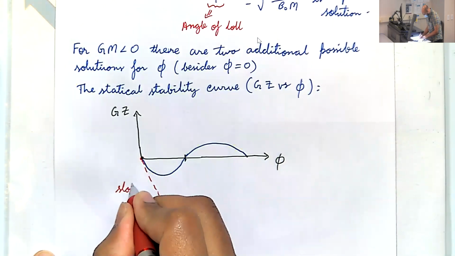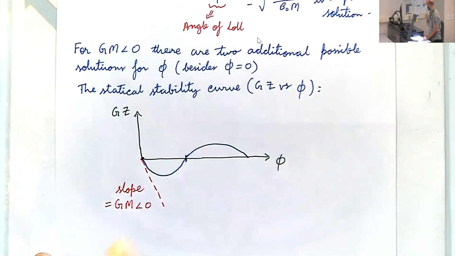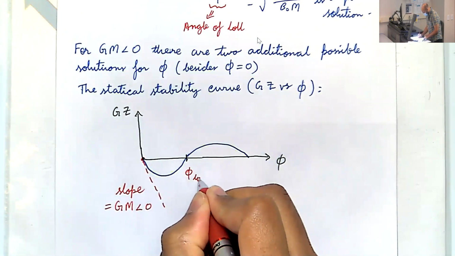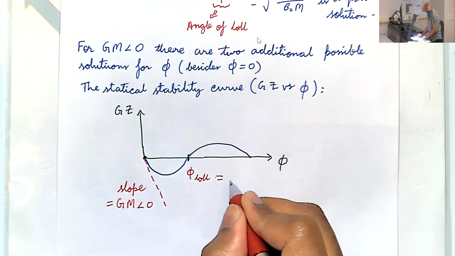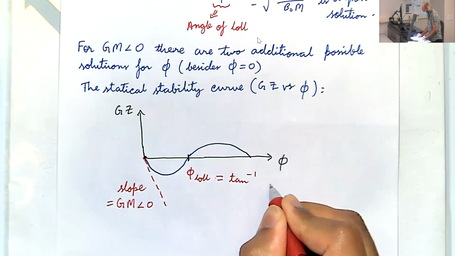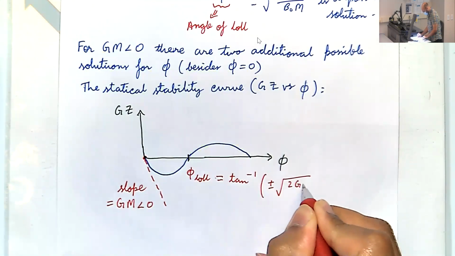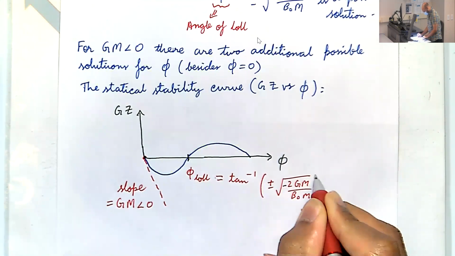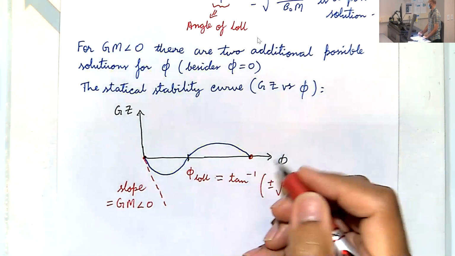The slope of this line is exactly equal to GM, which is less than 0. This angle is phi loll. And we know how to compute this. This is tan inverse of, okay, and again you have your range of stability.